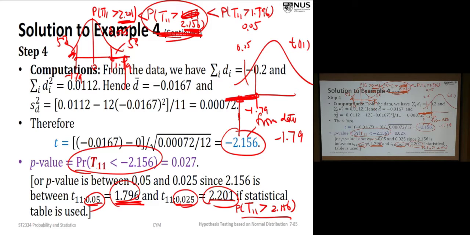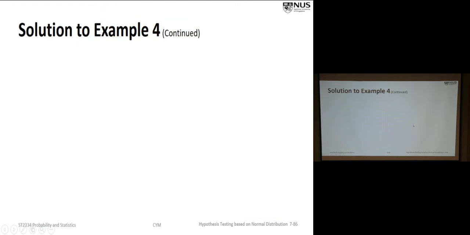The p-value I don't know, but I know that it's between 2.5% and 5%. So if I compare with 1%, definitely it is bigger than 1%. So I do not reject the null hypothesis if alpha is 1%. All right, so that may be easier, right? You just need to know roughly what the p-value is, then you can make the decision. So that's how we do it.